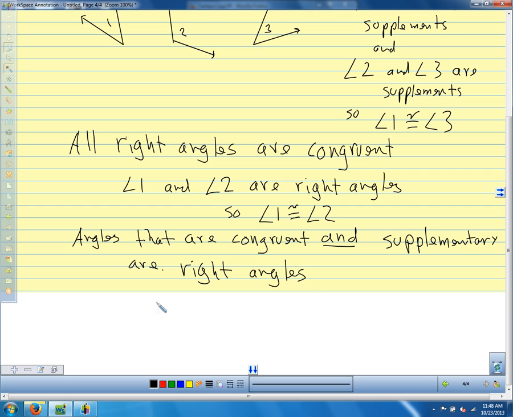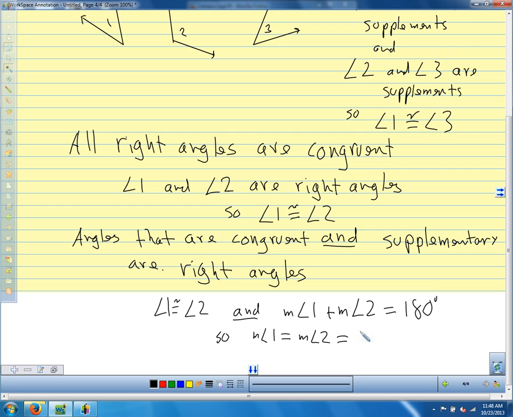And in symbols, we'd say angle 1 congruent to angle 2, and the measure of angle 1 plus the measure of angle 2 equals 180. So measure of angle 1 equals the measure of angle 2 equals 90 degrees.